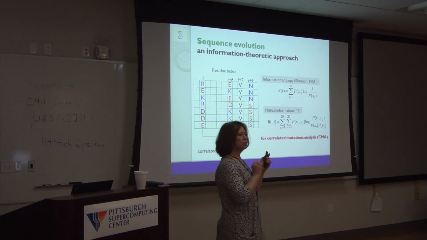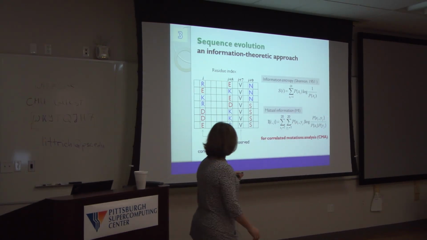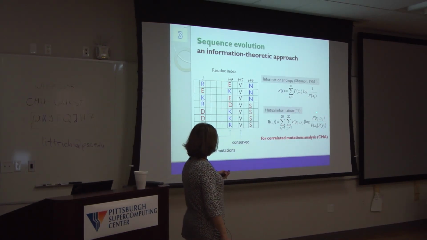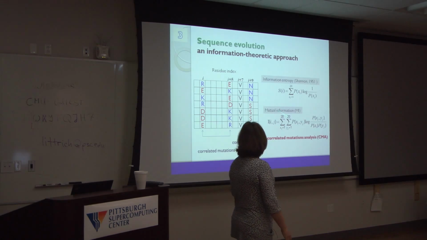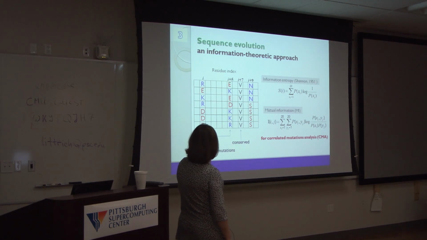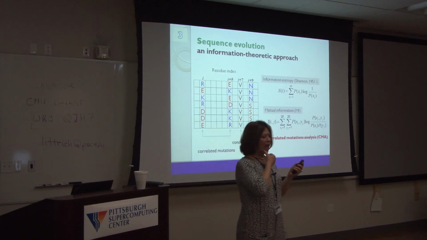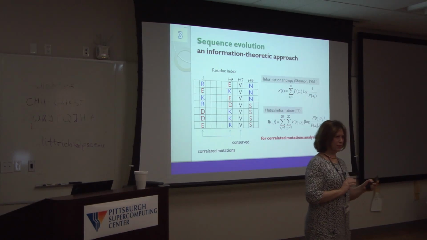P(x_i, y_j): the probability of jointly observing amino acid X at position I, Y at position J. So the probability of jointly observing amino acid, let's say R, arginine, at position I, and aspartic acid, glutamic acid, at position I plus 5. Okay? So the X and Y stand, again, they vary over 20 different possibilities.